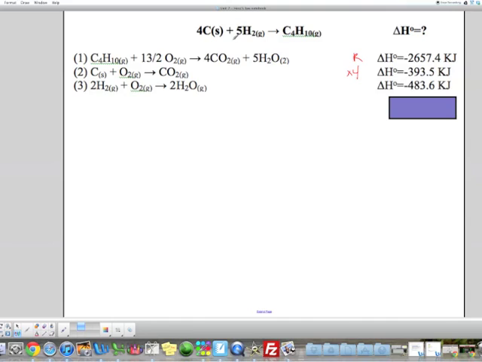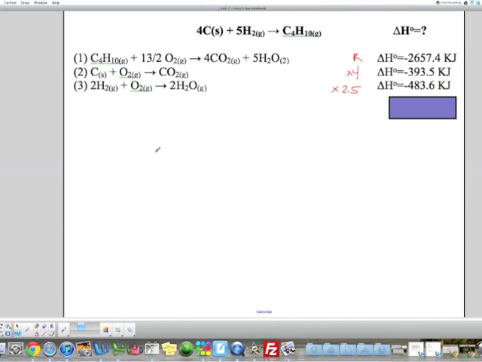And I need some H2. Where's my H2? My H2 is only here. It is on the correct side because it's on the reactant side and that's where I need it. But I only have a coefficient of 2 and I need a coefficient of 5. That means I would have to multiply this line by 2.5 to get that. So times 2.5 will give me 5H2.